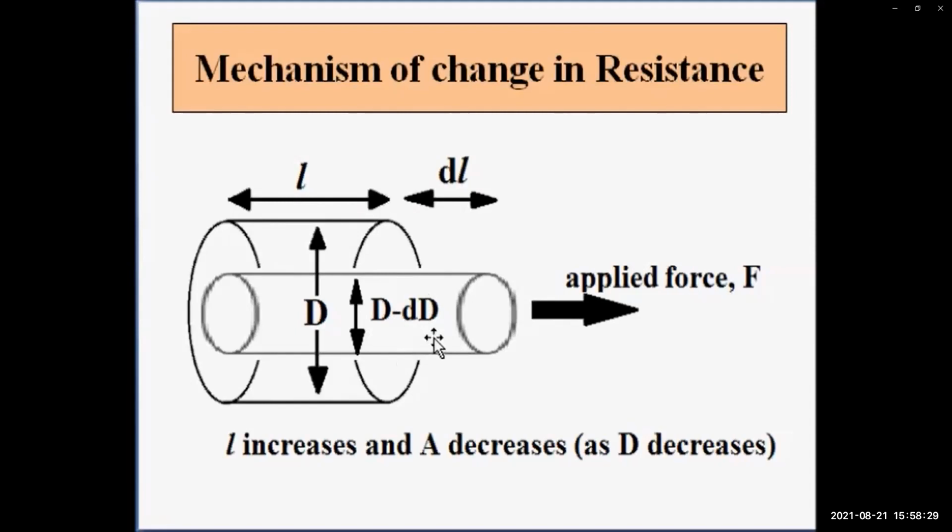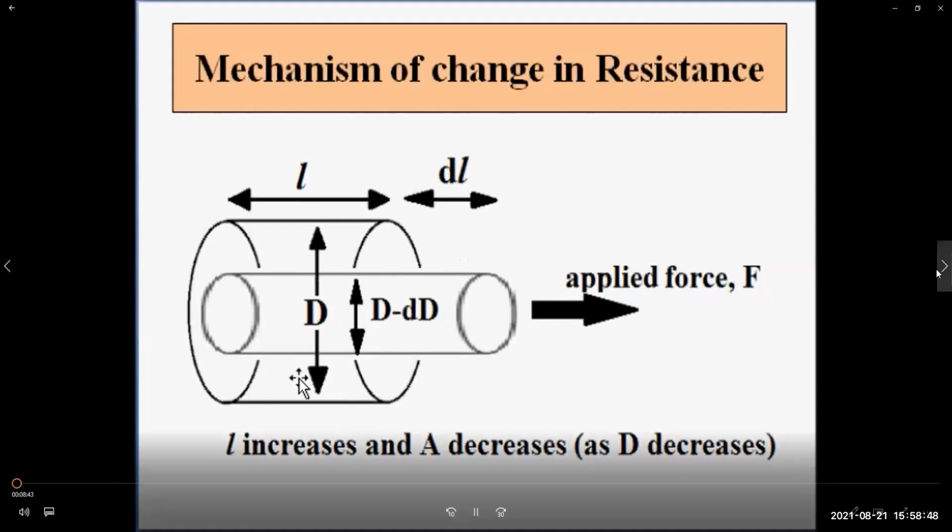So, in both the cases there will be an increase in resistance, as both the factors, that is increase in length and decrease in cross-sectional area, support an increase in resistance.